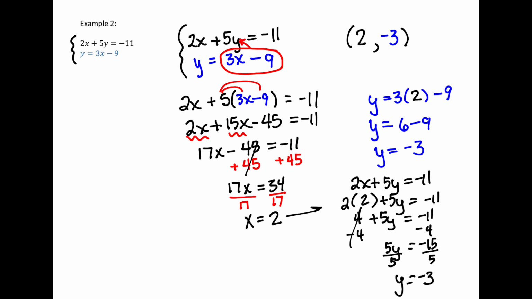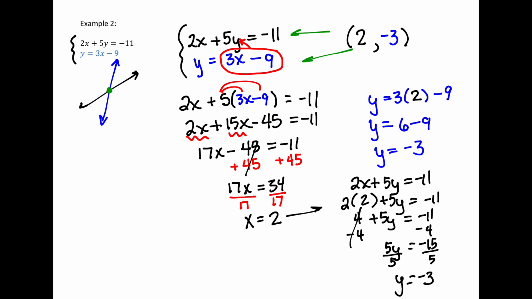Now, how do I know that that's the answer? You technically should check it in both equations. Okay? We talked about it in the previous video, and again, this is not what the graphs look like. So there's the black line, there's the blue line. If it's true in both equations, then your point, that's your answer, is in between the two.